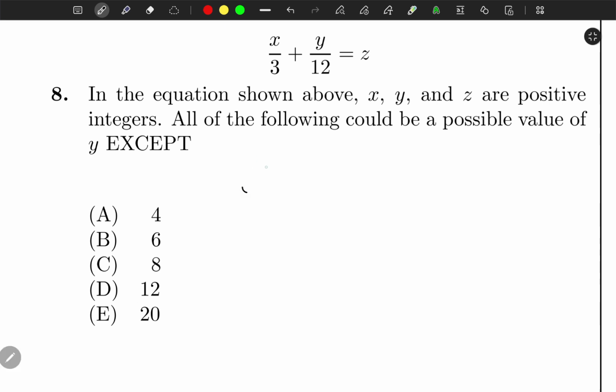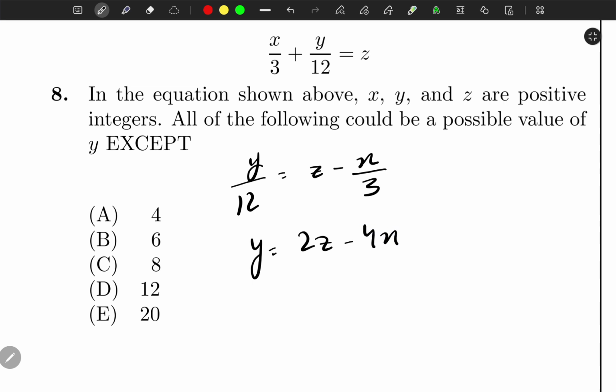So let's just rewrite for y first. So what I'll do is we'll do y over 12 is equal to z minus x over 3, and then we'll multiply it by 12. So we'll write y is equal to 12z minus 4x. Yeah, that's what we have.